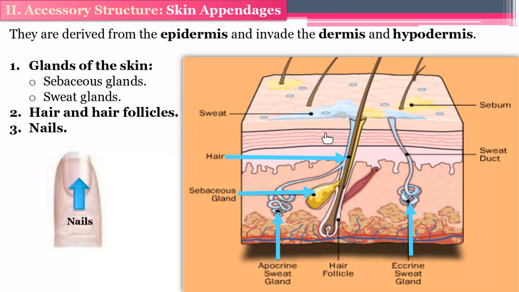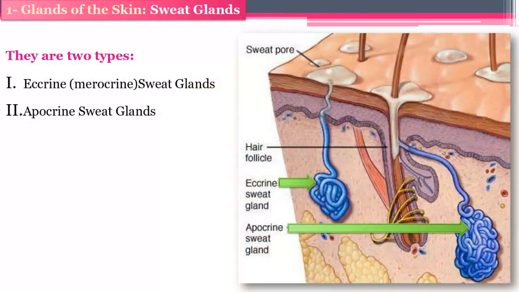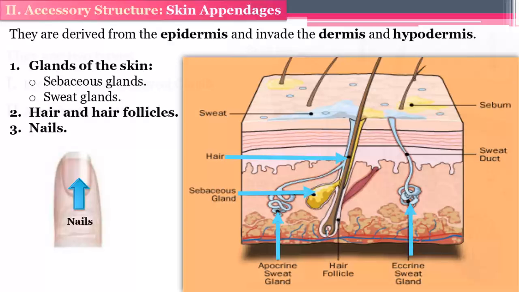Now the next is the sebaceous gland, the yellow colored one. You can see these are the sebaceous glands releasing sebum on the surface of the skin. And in the next picture, you can see clearly this is a nail. So the skin appendages include the glands of the skin, that is sebaceous glands and sweat glands, hair and hair follicle, and nails.